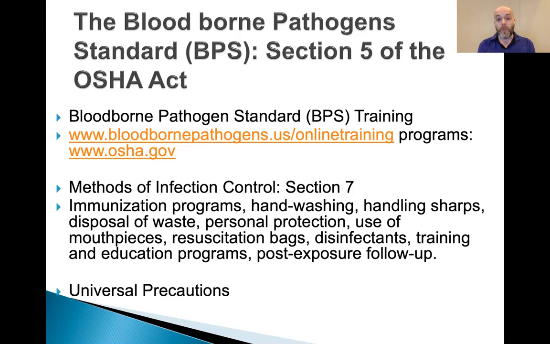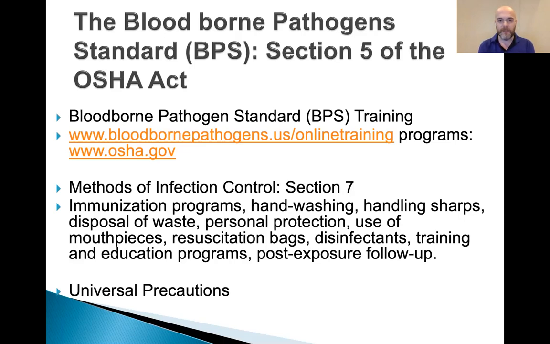But OSHA came up with proper medical hand washing, and the handling of old needles and scalpels and things. We put them in what we call a sharps container, so it cuts down on the danger of somebody getting a needle stick or cut accidentally. Disposing properly of medical waste, and anything that's been soiled or has blood on it or other bodily fluids.